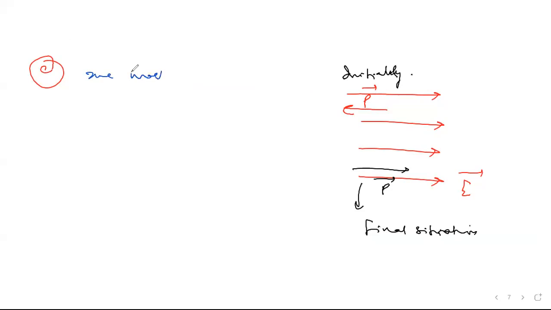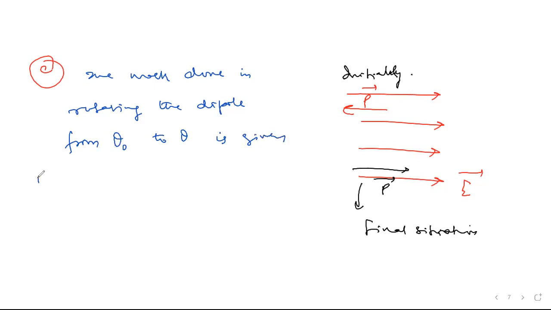The work done in rotating the dipole by this field from theta naught to theta is given by, where theta naught is the angle between P and E in the initial configuration, and theta is the angle between P and E in the final configuration.